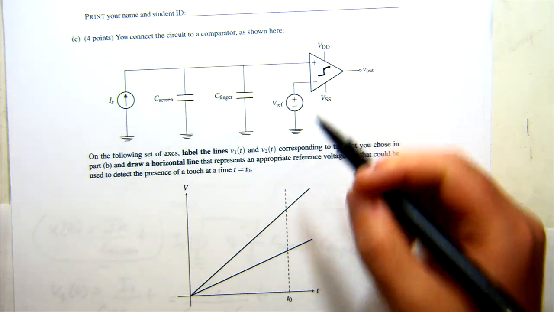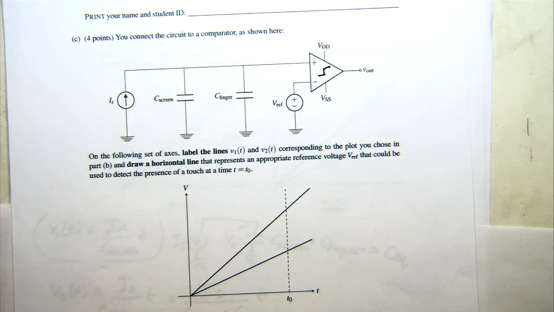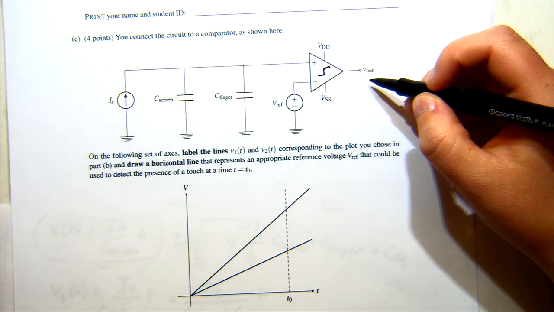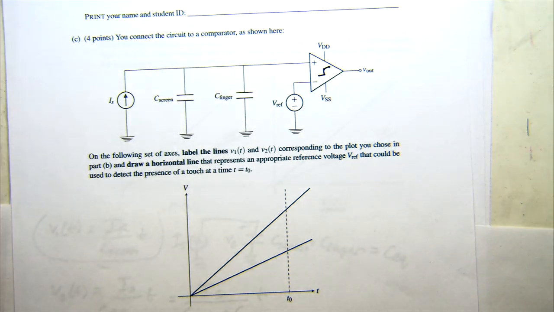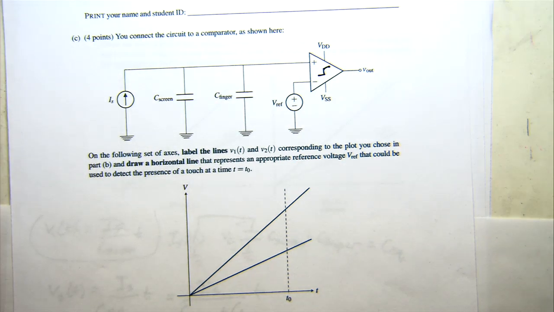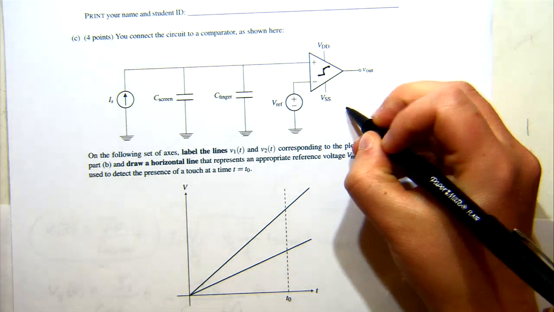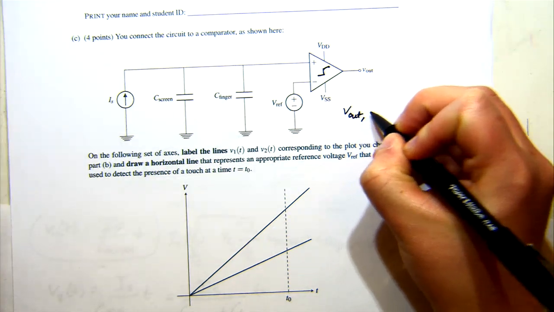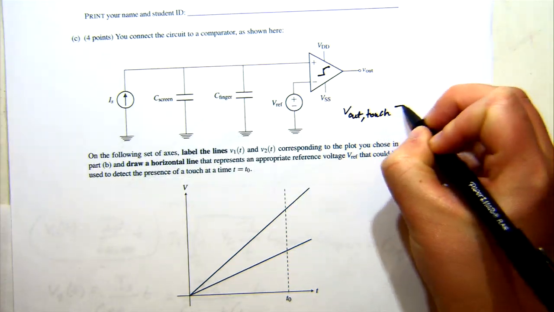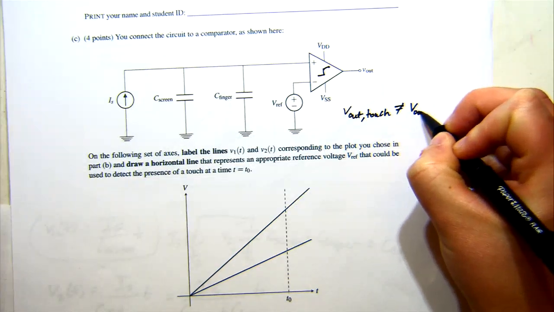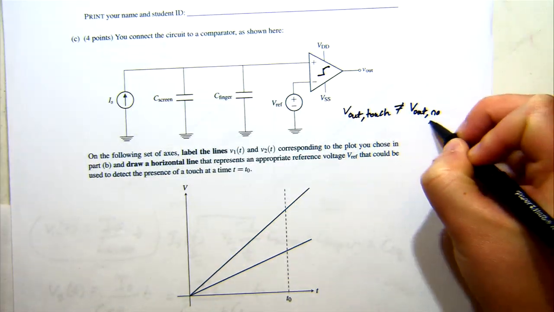We're trying to choose a reference voltage such that when you touch it, the output, Vout, will be a different voltage than when it's not touched. So Vout touch does not equal Vout no touch.